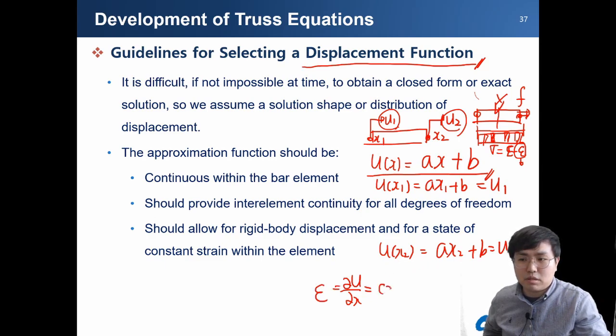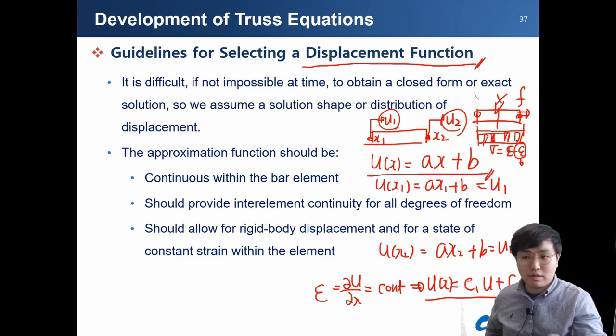So constant strain means that the displacement variable is first order, one-dimensional, in this form. Do you agree with me? After differentiating with respect to x, it becomes some c1.